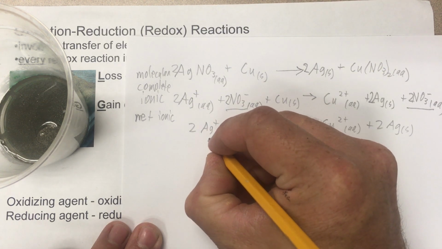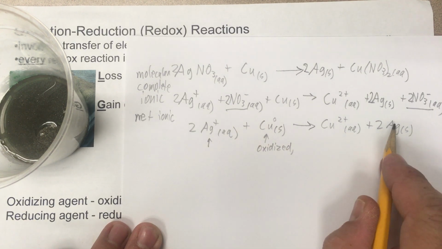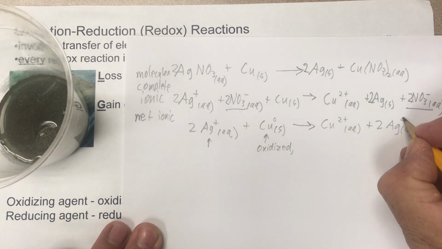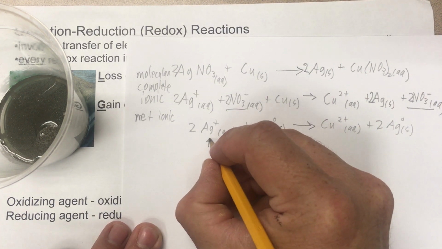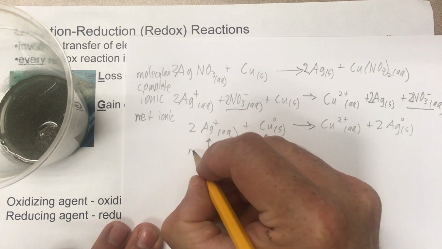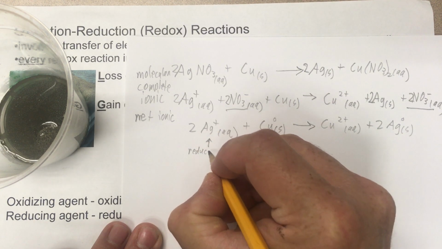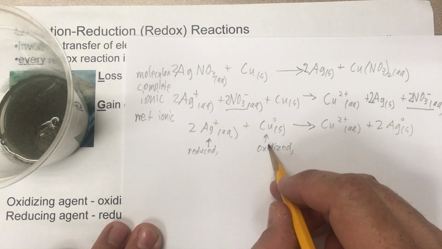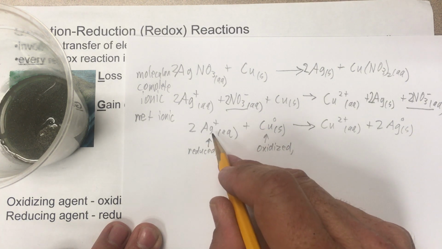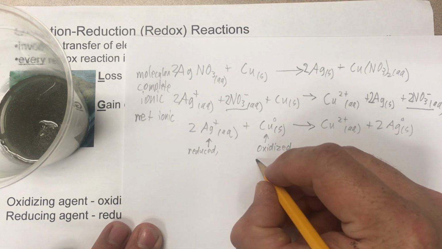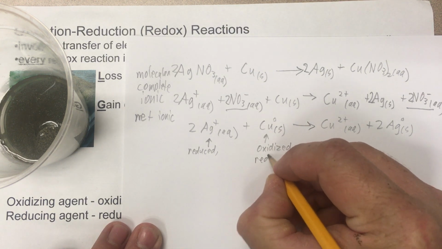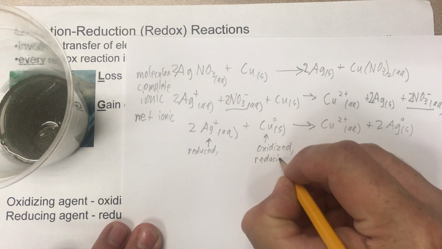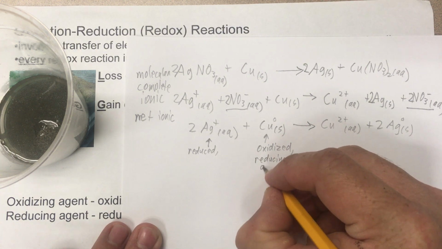The silver is decreasing in oxidation number from silver plus to silver 0, and so this is being reduced. If the copper is being oxidized and it's causing the silver to be reduced, the copper metal is being the reducing agent.